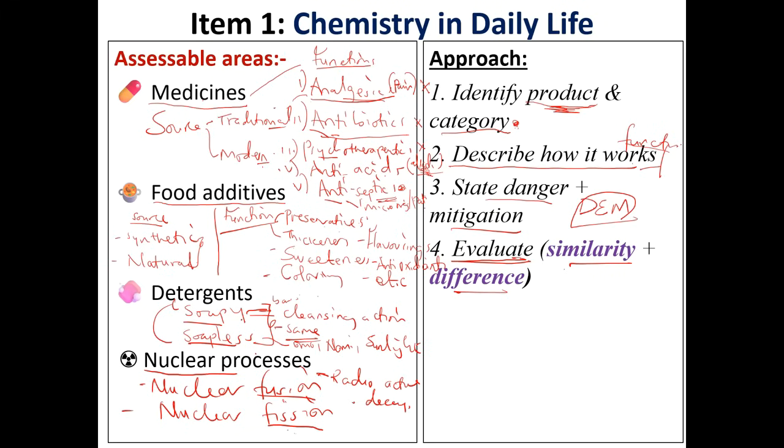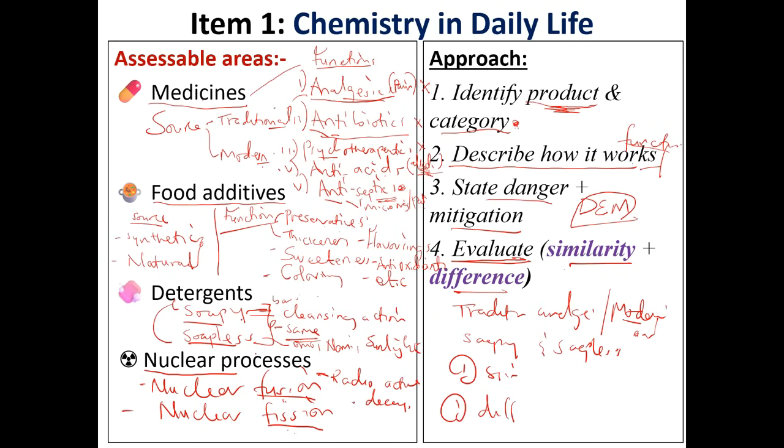Now, in evaluation, we can talk about the difference between maybe the traditional analgesic and modern analgesic medicine. If it is detergents, then we need to evaluate between a soapy detergent and a soapless detergent, giving one similarity and one difference.